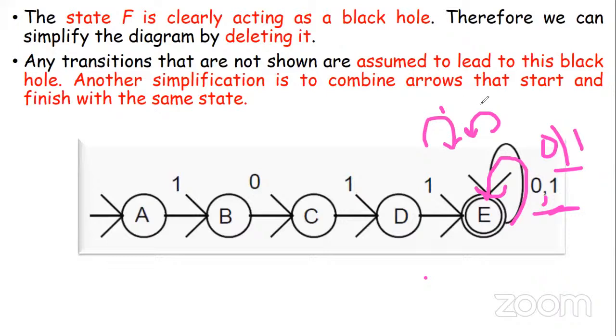So this is for 1, this is for 0. So we can put that 0, 1 getting into state. So just use one arrow to represent it instead of making the arrow very cumbersome, right? So that's what we'll be using going forward.